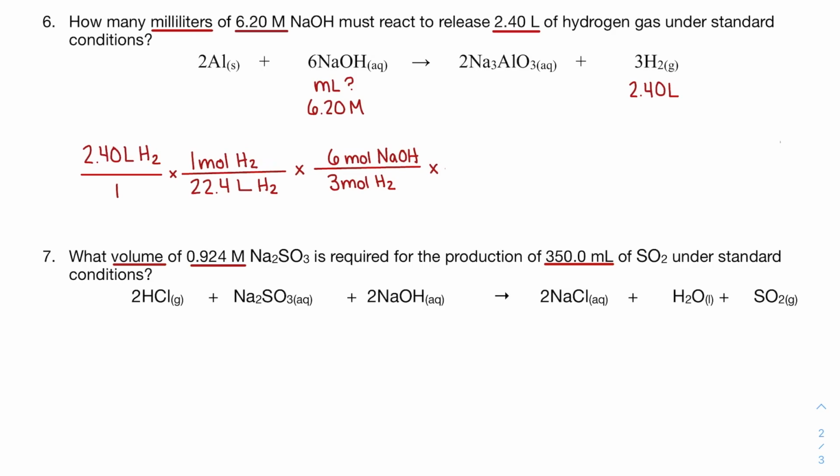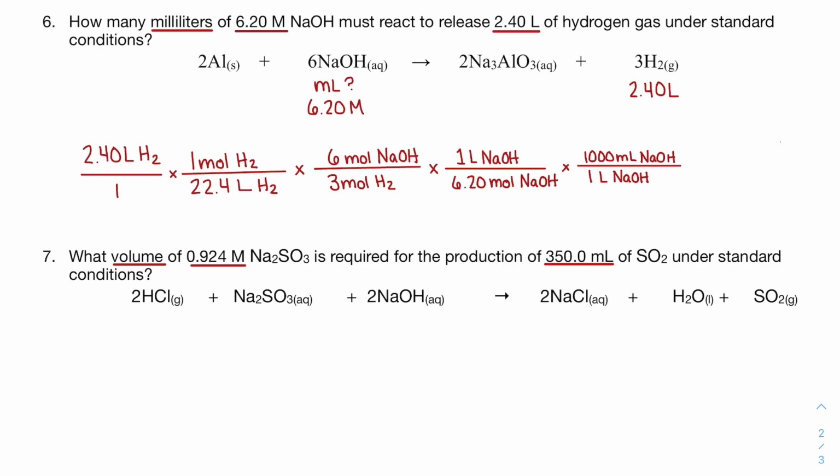The next thing we can do is go from our molarity of moles per liter to get our volume. This particular question asks for milliliters of sodium hydroxide, so we'll use the conversion that 1 liter of sodium hydroxide has 1,000 milliliters. Again, multiply everything across the top. On this one, we're going to have to do a little bit of division.